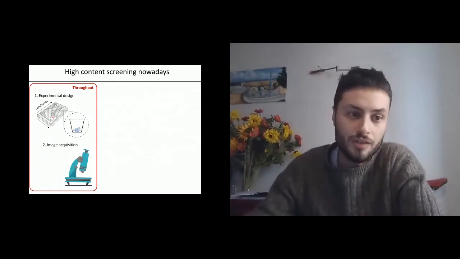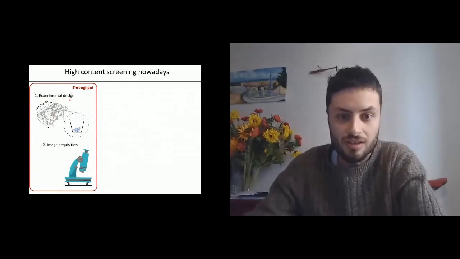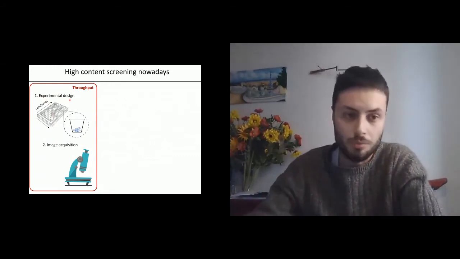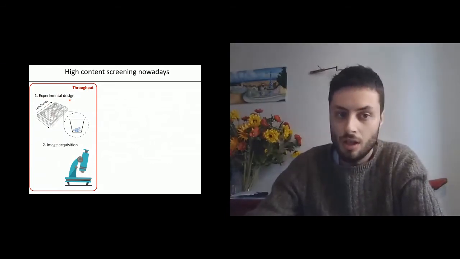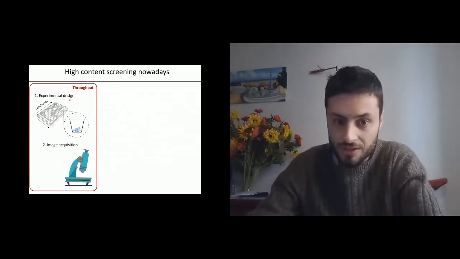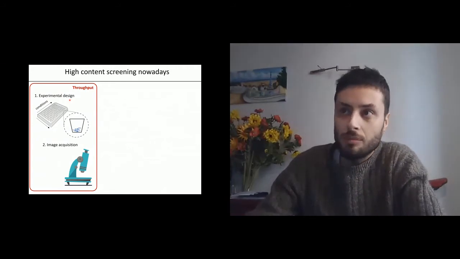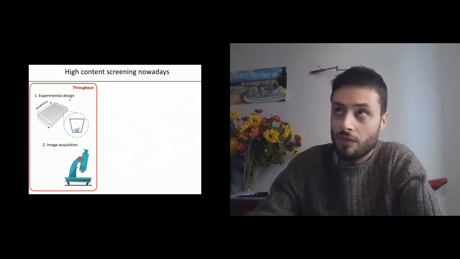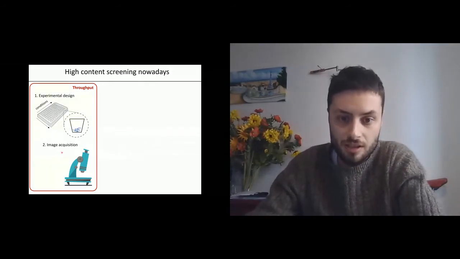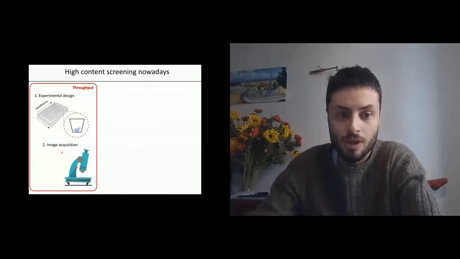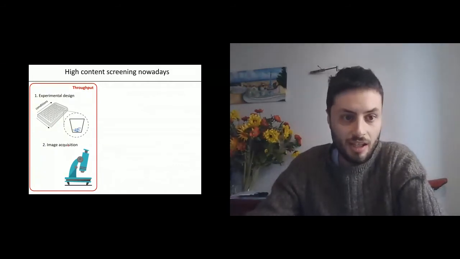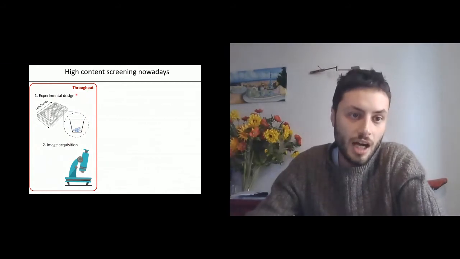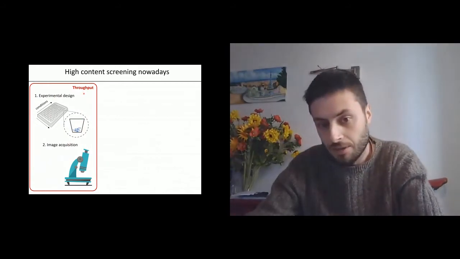First, you have the experimental design, the definition of your array of conditions, which could contain single cells but also bigger biological objects. Then there is the image acquisition, which, as I said, should be as automated as possible and allow imaging of several samples at a time. In this domain lies the high throughput part of high content screening.